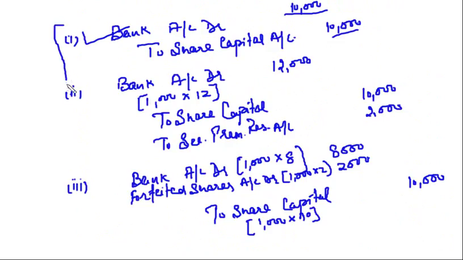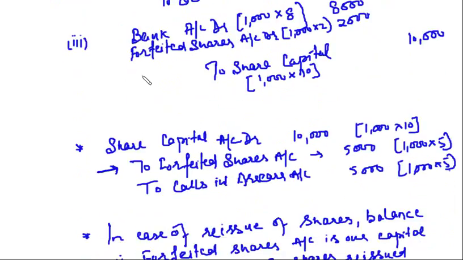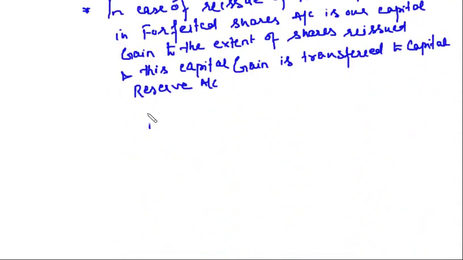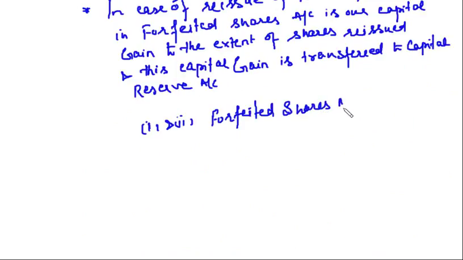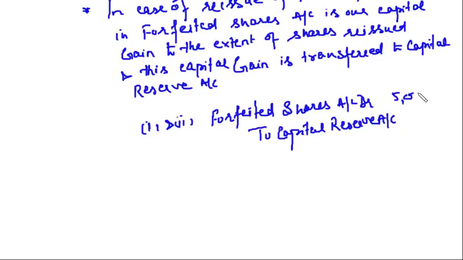Now in these first two cases, do we have the share forfeiture account anywhere? No. That means whatever the balance is there in the forfeited shares account, that will be transferred to, in first and second case, we will say forfeited shares account debit to capital reserve account. How much? 5,000 rupees.